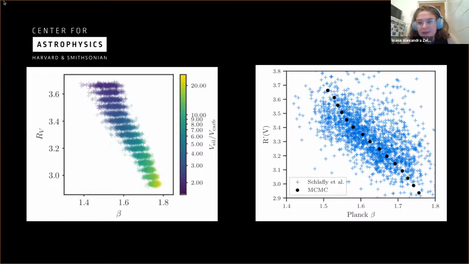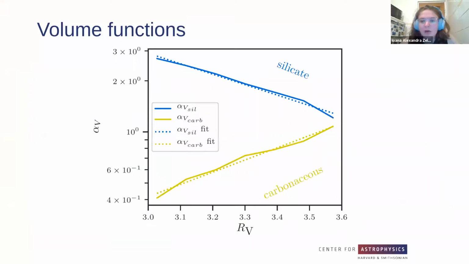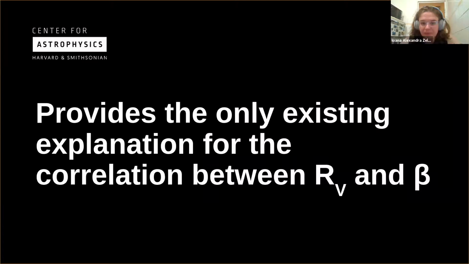But nevertheless, this was a very happy time because it gave us more confidence that this anti-correlation measurement is real, because when we have a theoretical explanation for it, that is also good news. So like I said, I determined that volume functions that depend on RV between silicate and carbonaceous grains can give us this result.